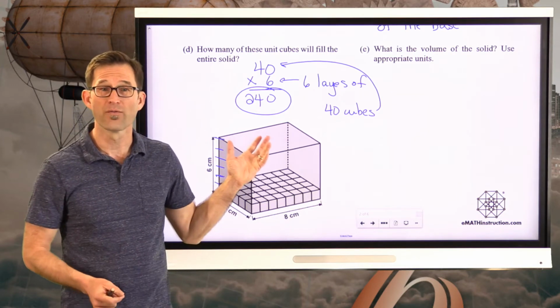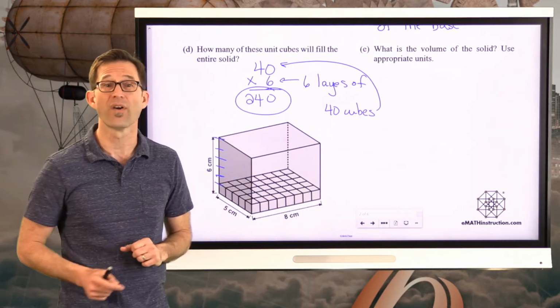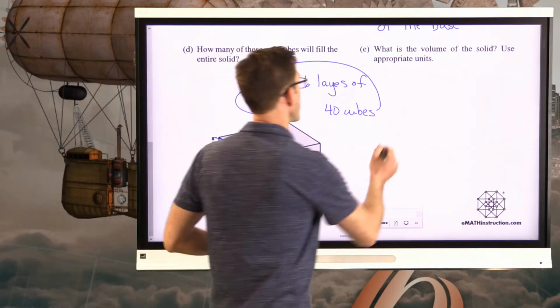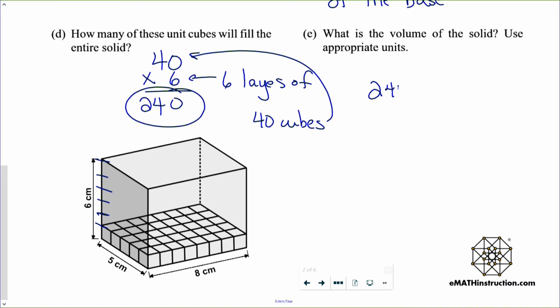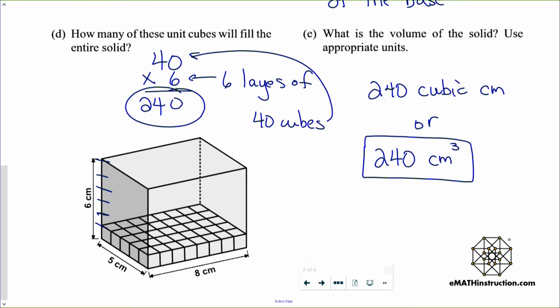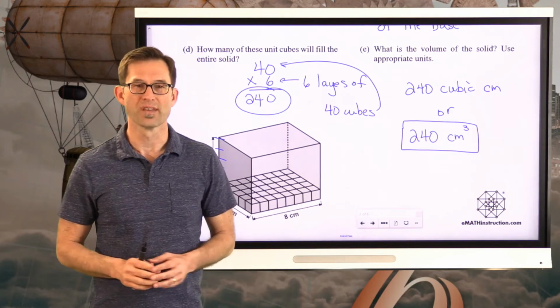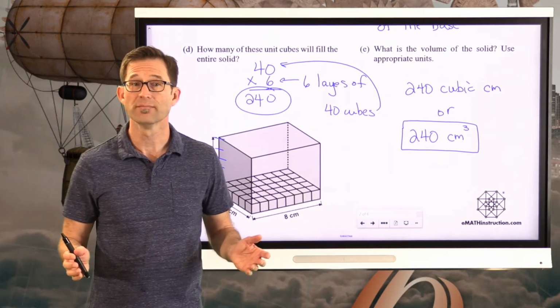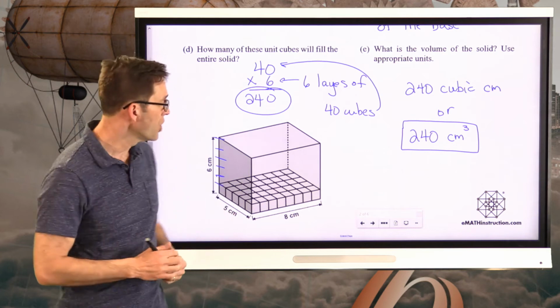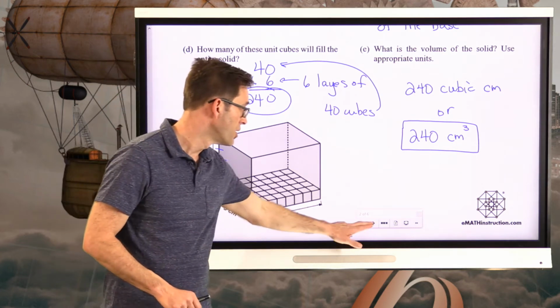There are 240 of these unit cubes that sit inside of the solid, so therefore the volume is 240 cubic centimeters, or if you want to write it a little bit shorter, 240 centimeters with a little exponent of 3. So 240 cubic centimeters. That's it. All right, let's keep going.